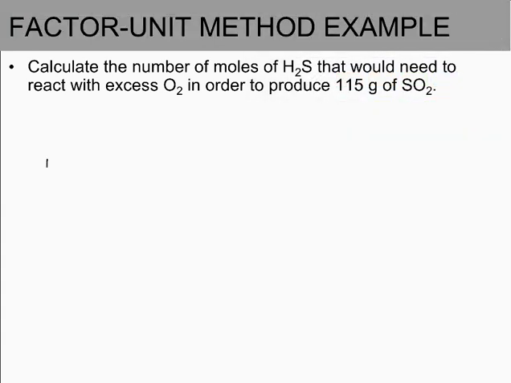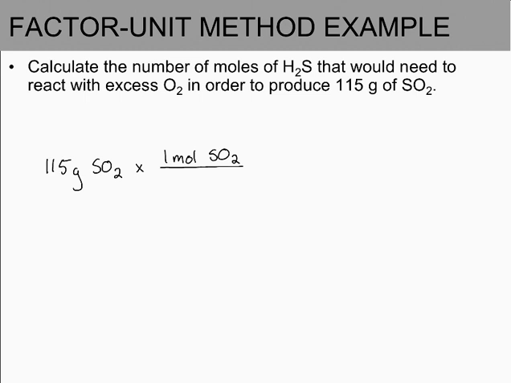All right, so we'll start with 115 grams of SO2. And then we're going to use our molar mass of SO2 to convert to moles of SO2. So that means we want moles in the numerator because that is our desired unit for the first step. And I'm going to write SO2 there just so I know what I'm actually calculating.